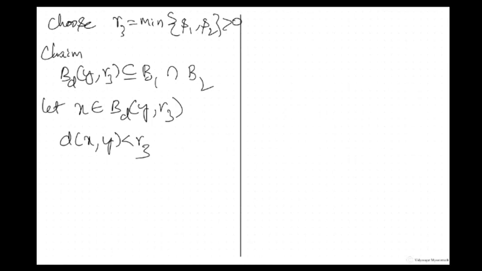My claim is x belongs to B1 and x belongs to B2. Now this will happen provided the above is true.